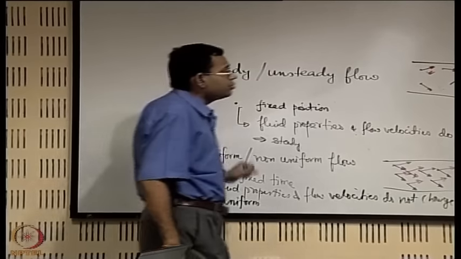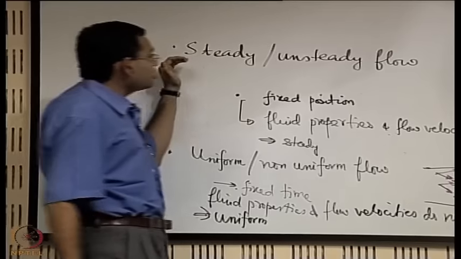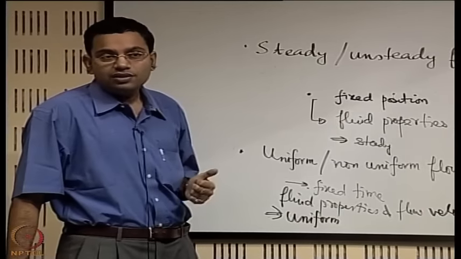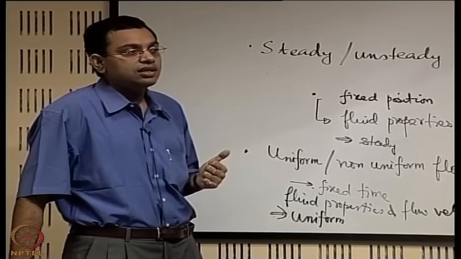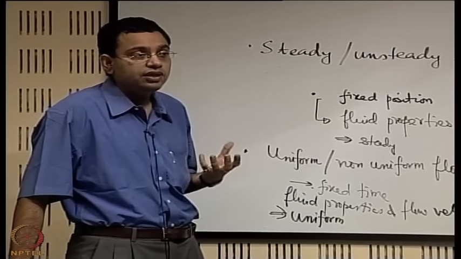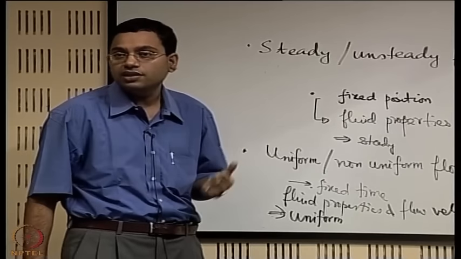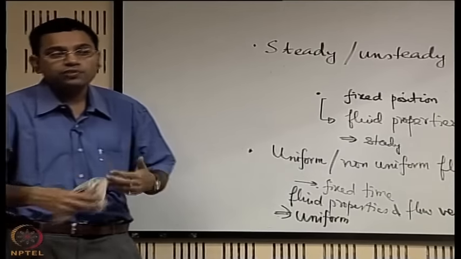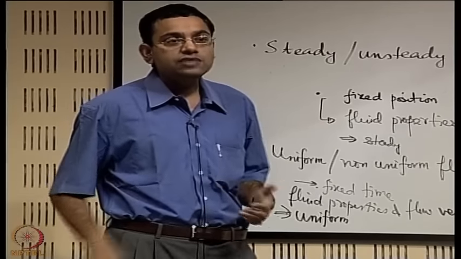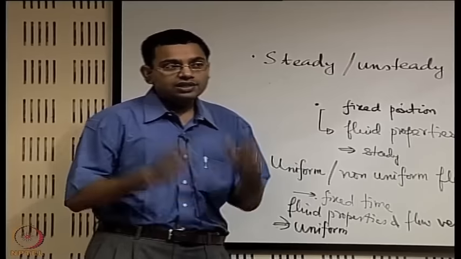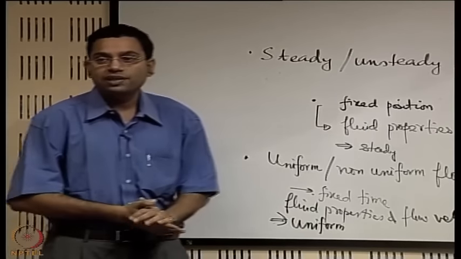The other important remark is that whenever we are talking about a steady and unsteady flow, we have to keep in mind that steadiness or unsteadiness is not something which is absolute, it depends on the choice of the reference frame with respect to which you are analyzing the flow, and this type of choice of reference frame is very important in mechanics. Fluid mechanics is of no exception. Let us try to understand this through an example again.